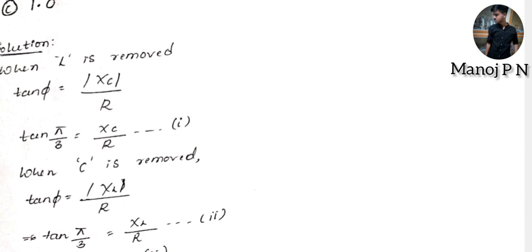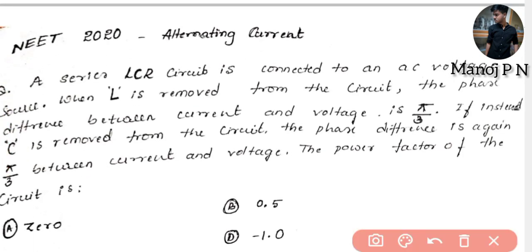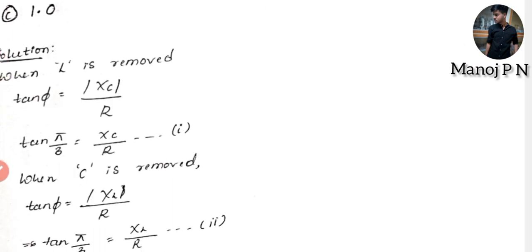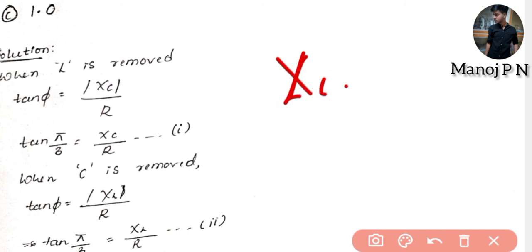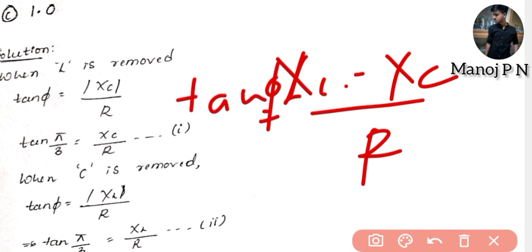See, the question says that there is an LCR circuit, and when they remove L, the phase difference will be pi by 3. Since they have removed one element, we can use XL and XC in the tan phi expression. In the first case they have removed XL.